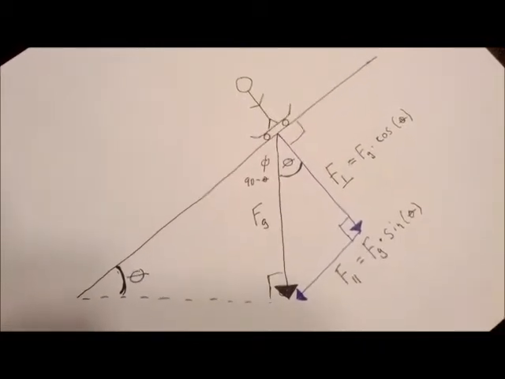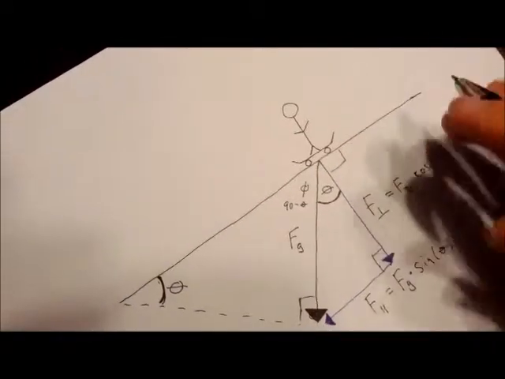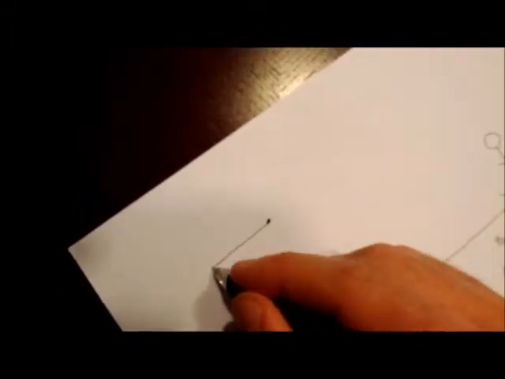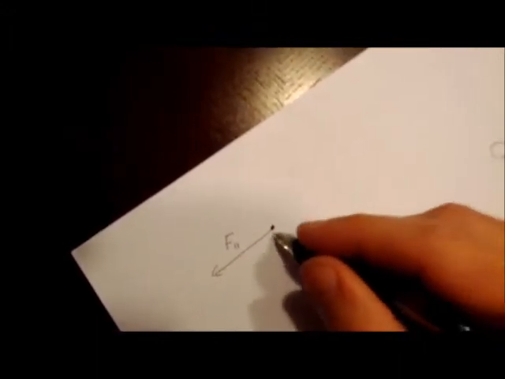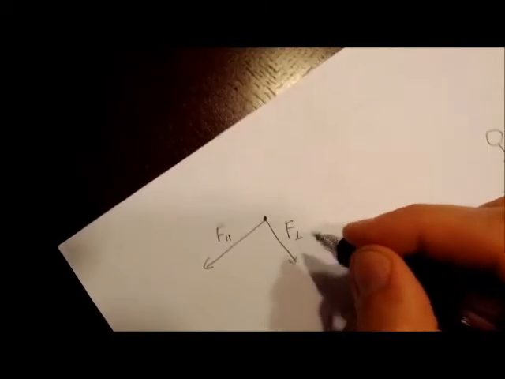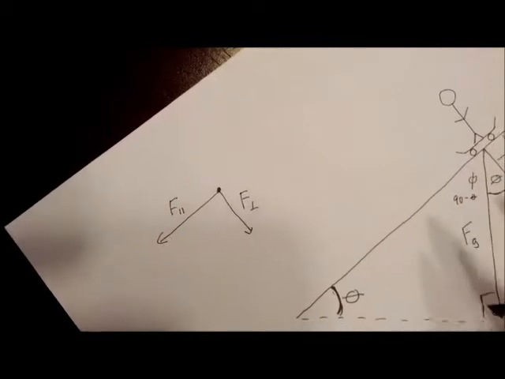Now, I can do a little bit of work with my skateboarder. In fact, I can take him completely off of here and draw a new problem, where here's my skateboarder, who is being exerted a parallel force and a perpendicular force. However, the skateboarder rolls down the hill in the parallel direction.